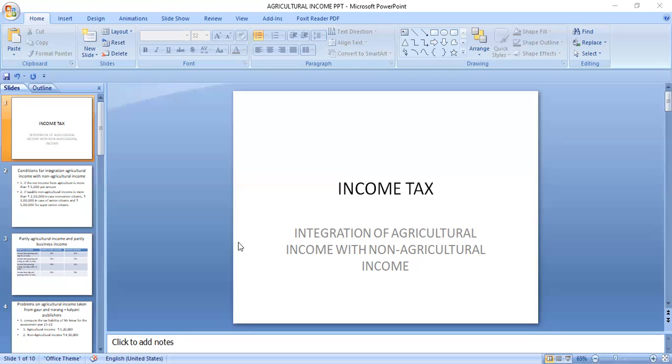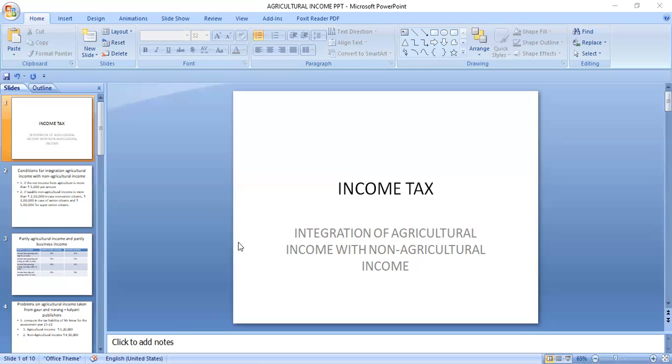Now, to determine whether you are growing any crops or doing any agriculture, you have to conduct two different types of activities. One is basic operations and the second is subsequent operations. Basic operations means cultivating, seeding, plantation, watering, sowing. Subsequent operations means weeding, cutting, harvesting.